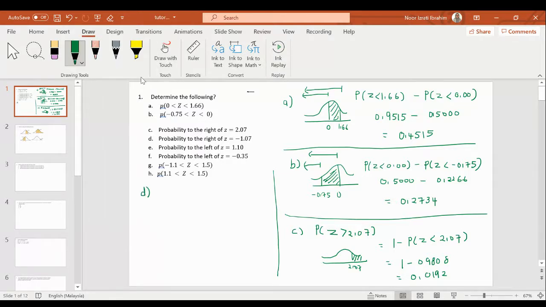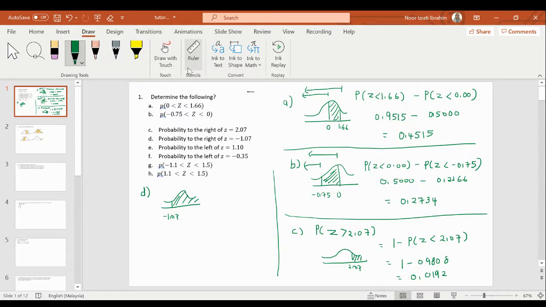For the D, to find the probability to the right of Z equals negative 1.07. So when we draw the region, right side of negative 1.07 will be on this side.